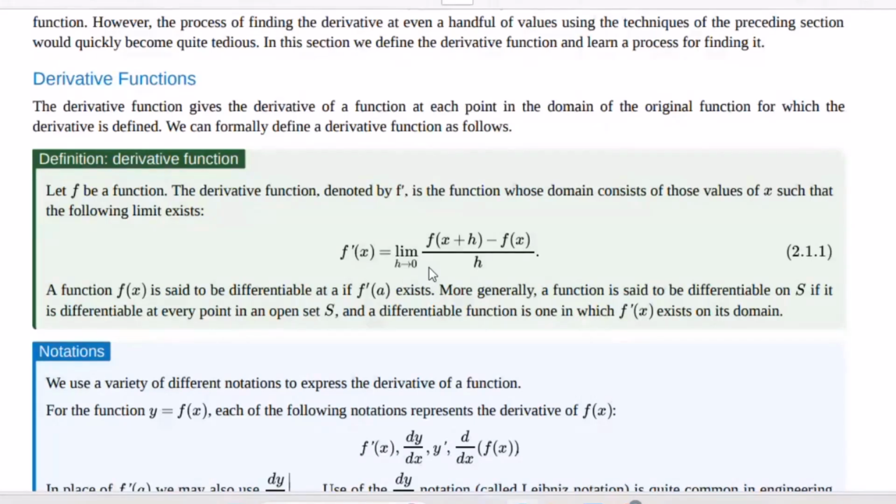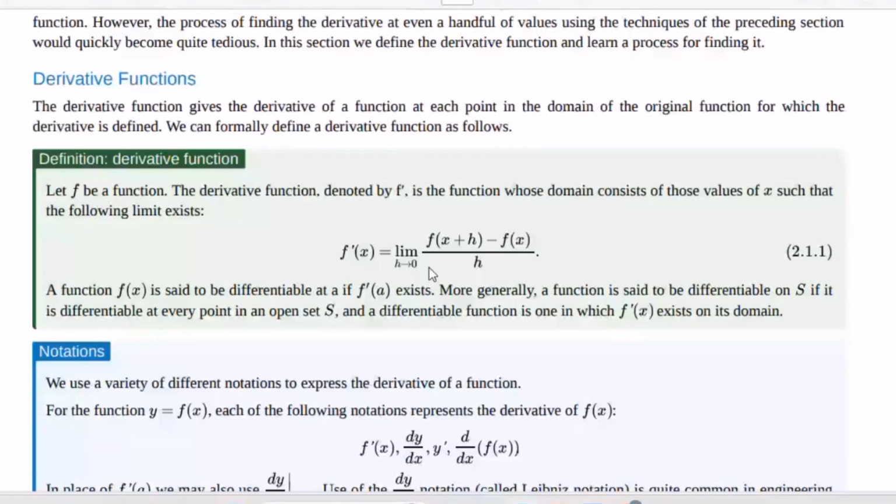I repeat, this is the limit of f of x plus h minus f of x all over h as h approaches 0. Now, we'll have the limit as h approaches 0, open bracket, 1 over the square root of x plus 5 plus h.